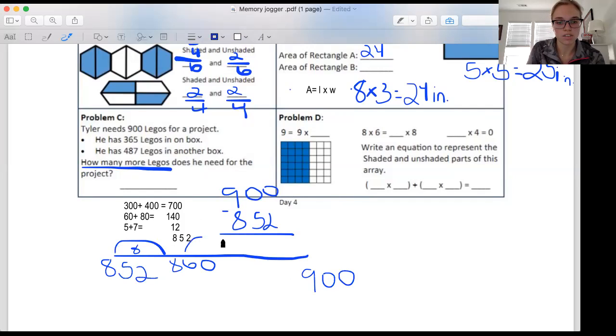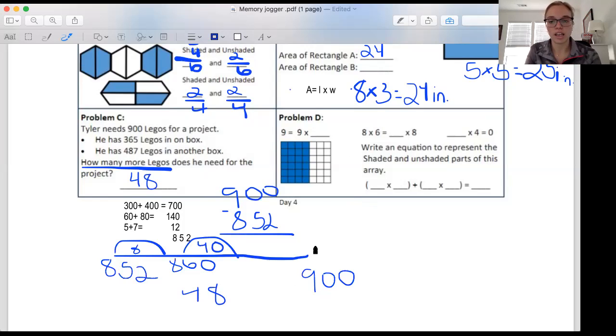So I know that that's going to be 40. 8 plus 40 equals 48. So he needs 48 more Legos.